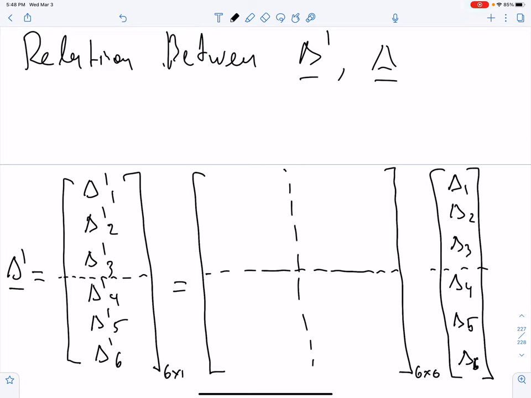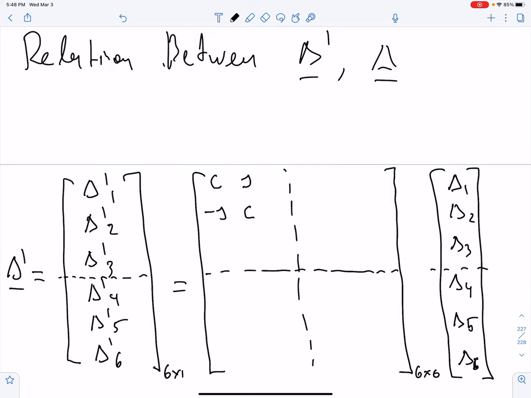So first we're going to relate displacements, not rotations, in the local and global coordinate systems, and those are related in the same way as they are for the truss element. There's no reason why it should be any different. So I get a cosine here, a sine here, a minus sine here, and a cosine here.